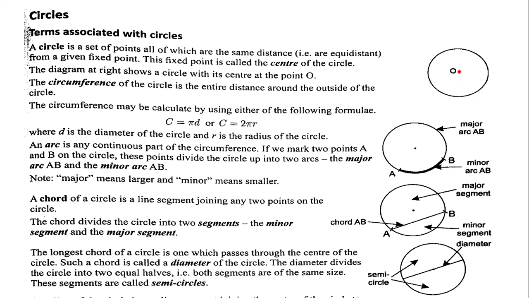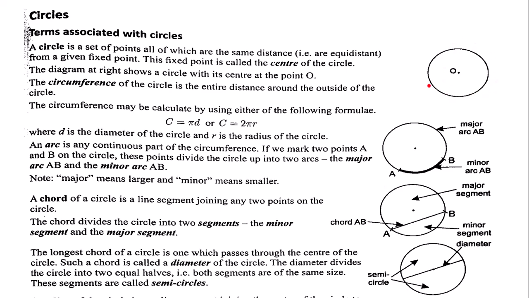That kind of describes the radius. When we connect all these points, we create a circle. The circumference is the connection of all these points which are equidistant away from the center. So this outside part is called the circumference.